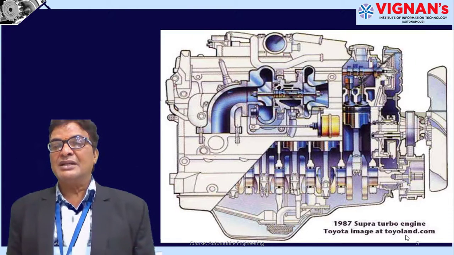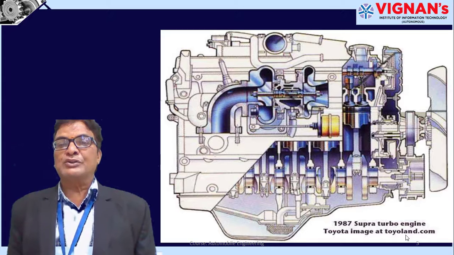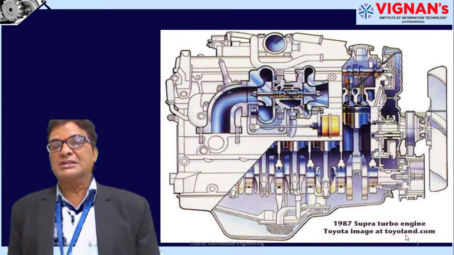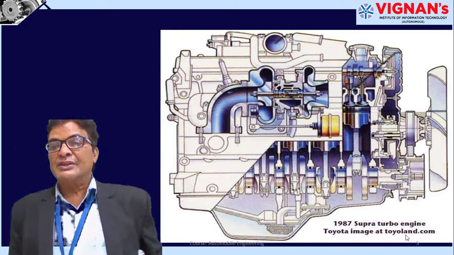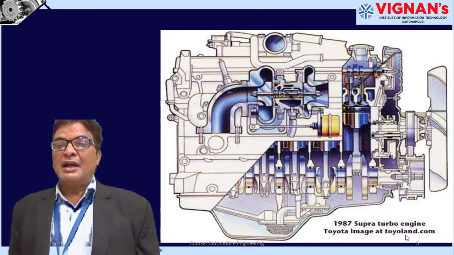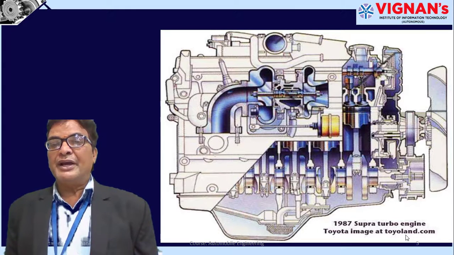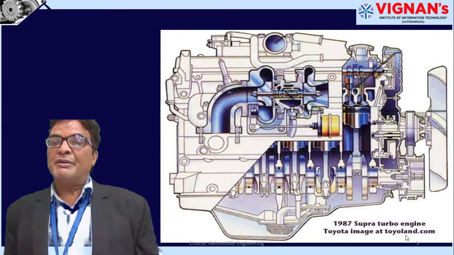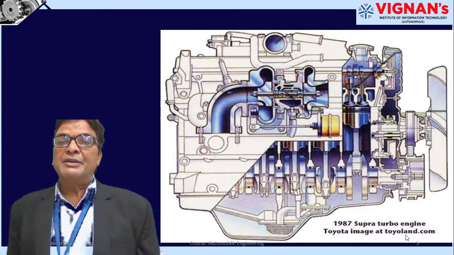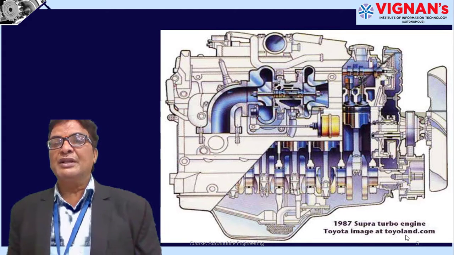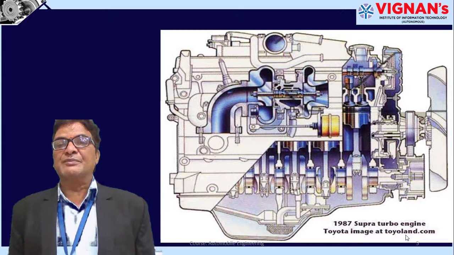It shows the construction of the engine, the parts inside the engine. What are the parts inside the engine? We can see the crankcase, crankshaft, piston pins, connecting rod, inlet port, outlet port, etc. All are shown here as the parts of the engine.